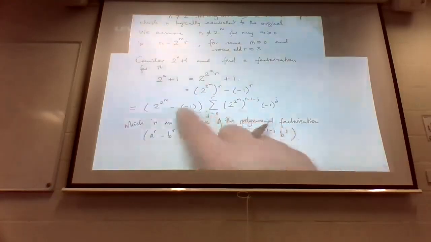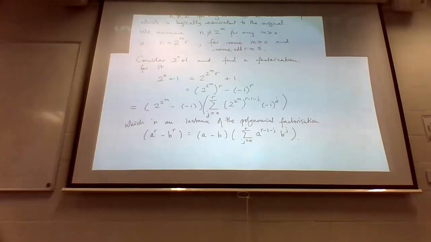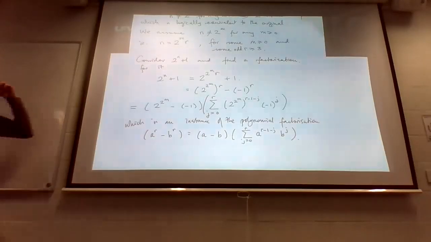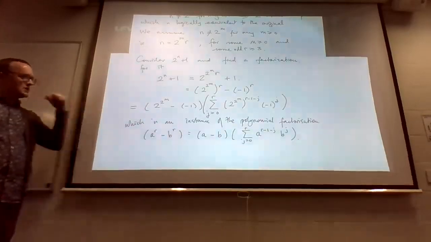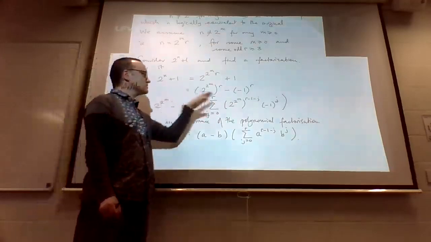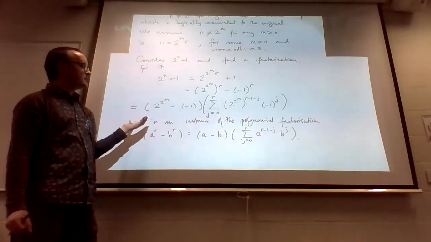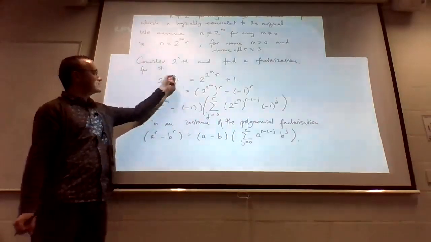Now, this at least looks like a factorization of your 2 to the n plus 1. It deserves just a little more said about it, to fully justify to the reader that it's a non-trivial factorization. Remember, we're trying to show this is not prime.